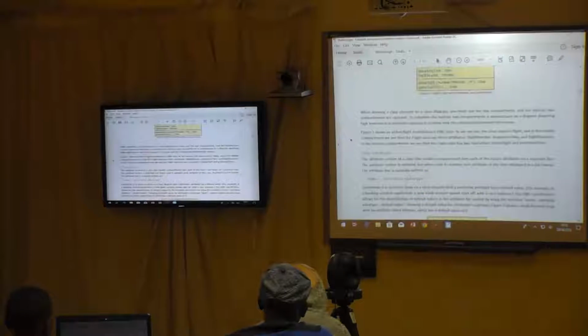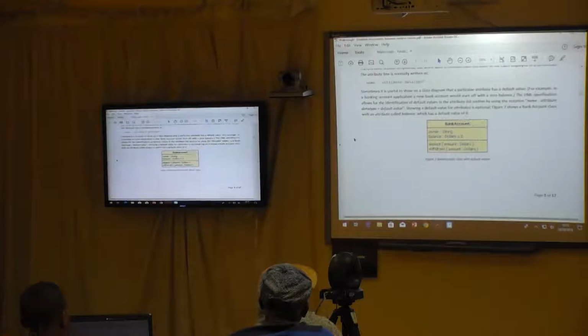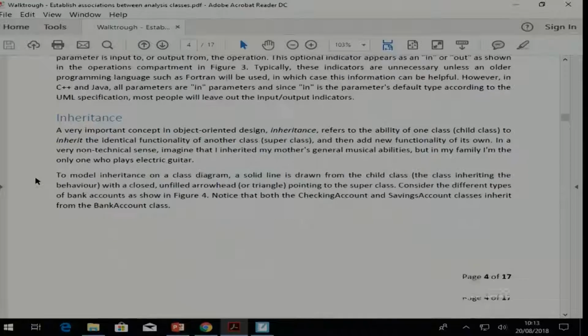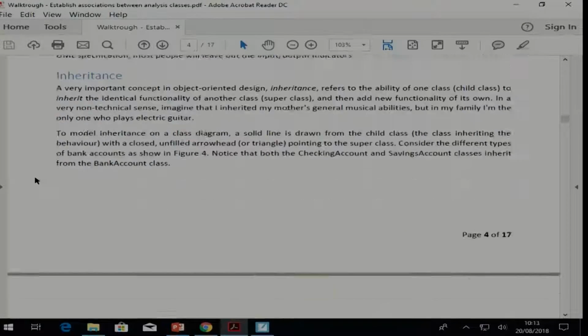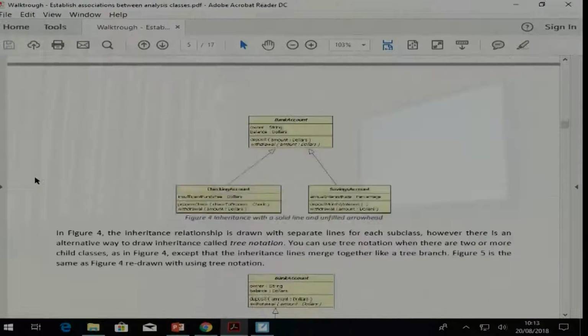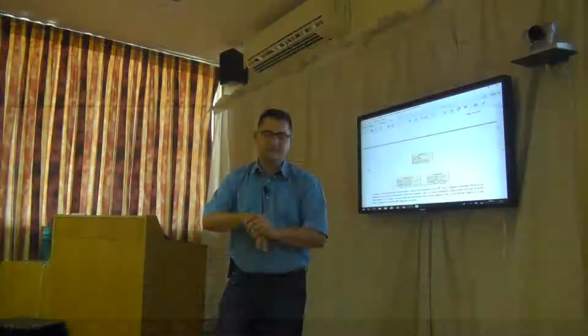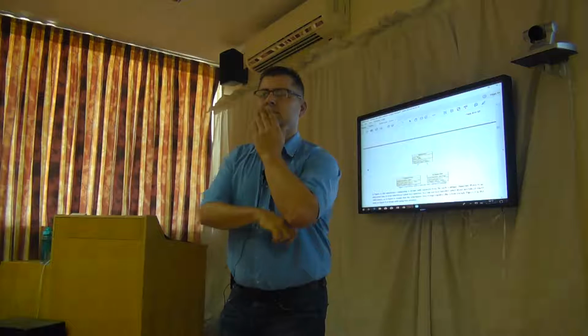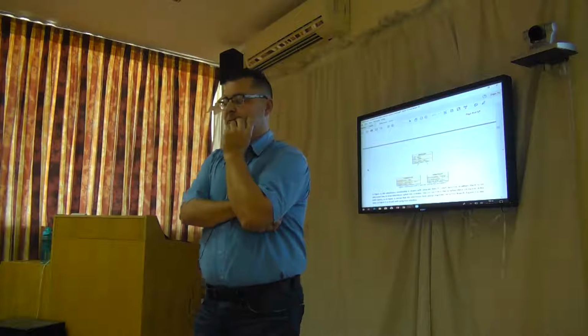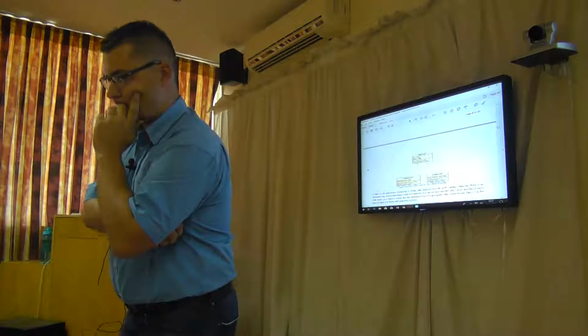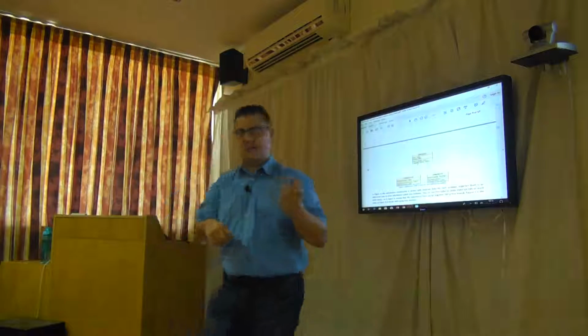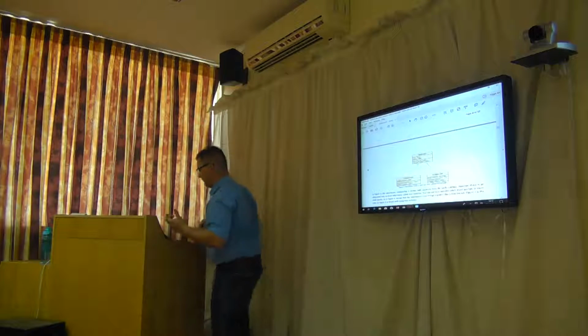You say design attributes like encapsulation and data types are still indicated.